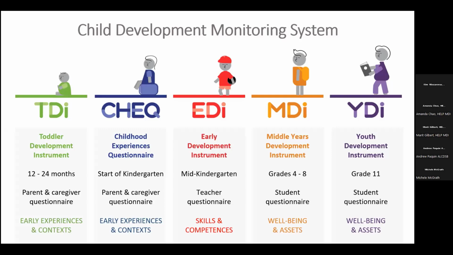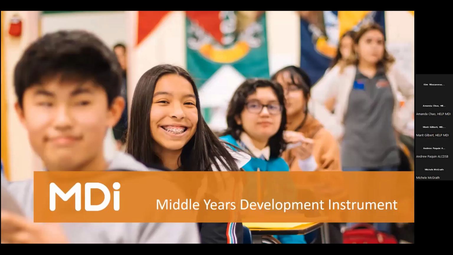We have a monitoring system wherein we collect data from children's experiences and development. This is a series of questionnaires that gather information from different perspectives of children from pre-kindergarten through to grade 11. But today, we will focus on the MDI, or the Middle Years Development Instrument.